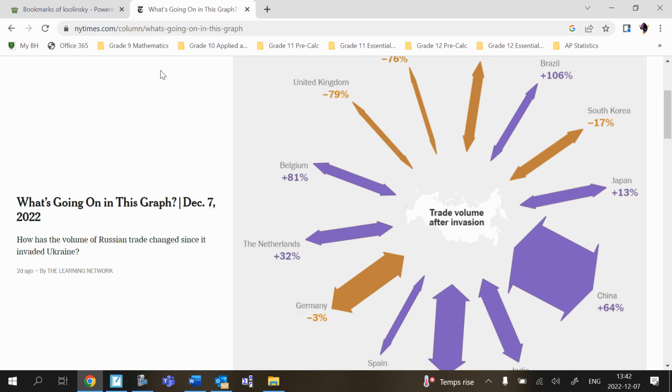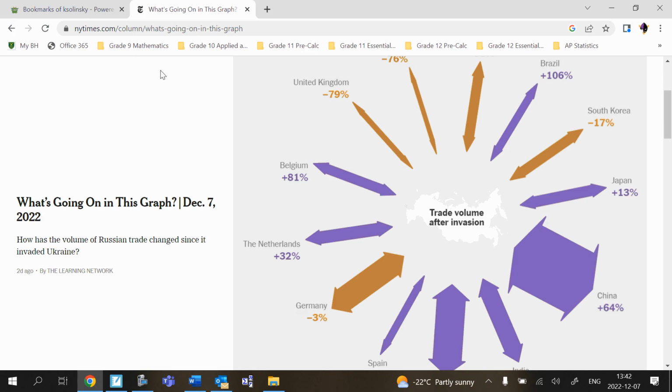Some arrows are thicker than others. That may seem to correspond to the percentages that were given here. We got something in the middle. What's this in the middle? Yeah, it's Russia. So it's what's happening after they invaded Ukraine.